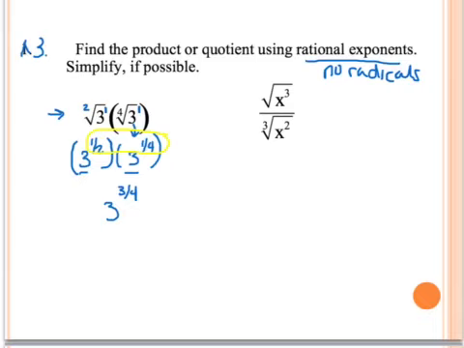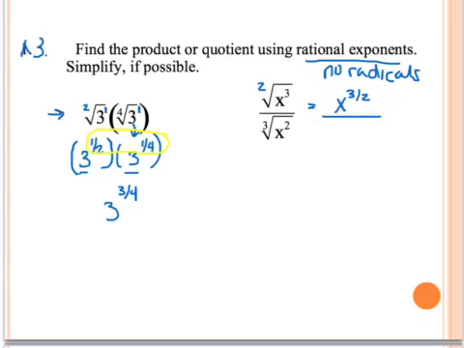Okay? Now on the next one, we're going to take each numerator, switch it to rational form, take the denominator, switch it to rational form, and then we're going to look to see if we can simplify. So if I have the square root of x cubed, well, that's really x to the 3/2 power. Okay?